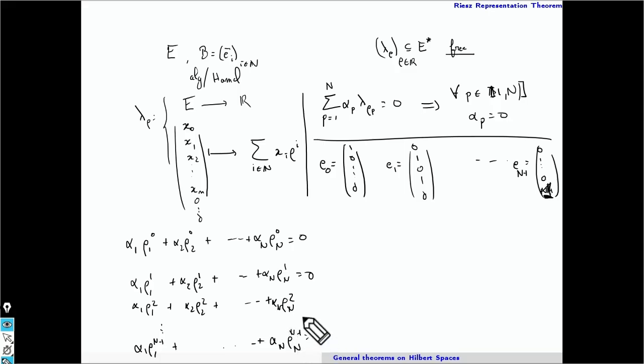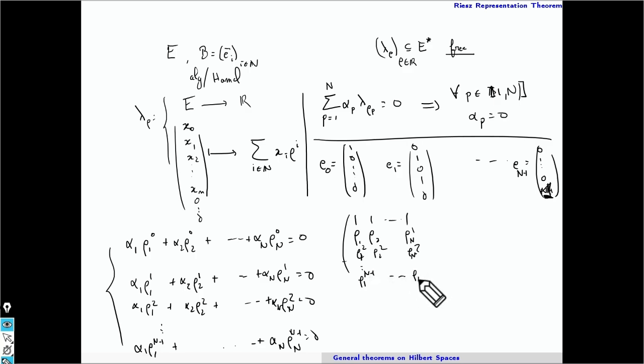So we write this system in matrix form, and so we recognize the matrix with rows 1, 1, 1, then ρ1 power 1, ρ2 power 1, ρn power 1, then ρ1 power 2, ρ2 power 2, ρn power 2, and then we stop at ρ1 power n minus 1, ρn power n minus 1.